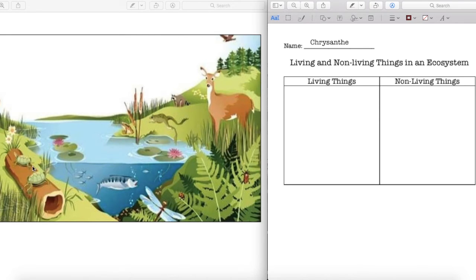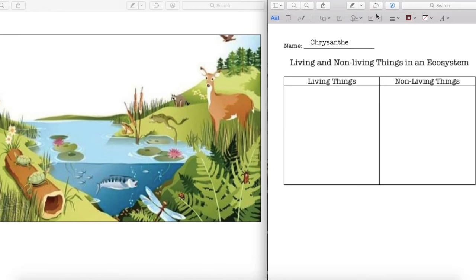I see some reptile amphibians, like these either tortoises or turtles over here. I see some fish in the water. I see some insects like this dragonfly over here, and a bird up at the top corner. So all of these things are different animals.